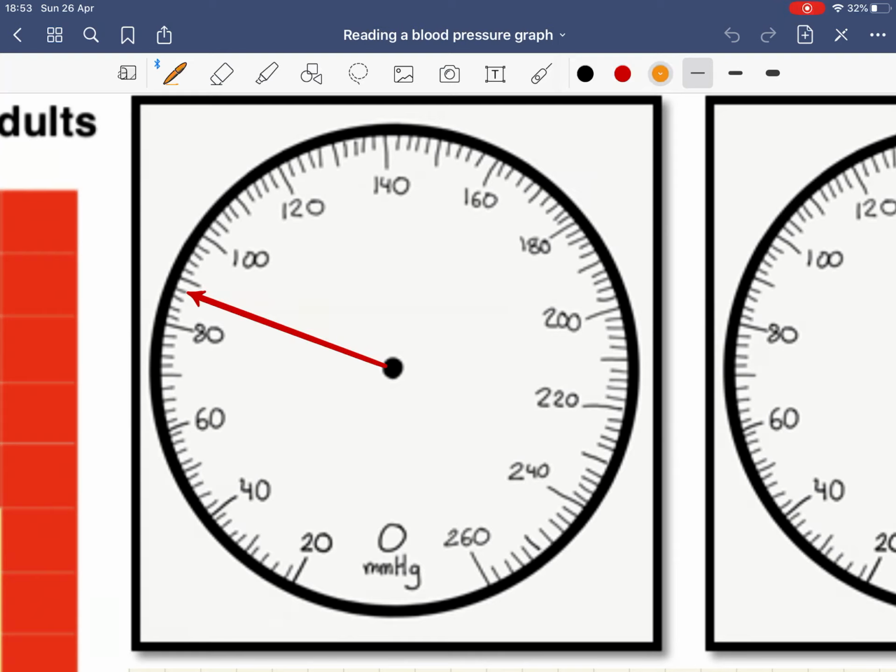Now, a really common mistake people make is that they just count up from the main number. So here we can see 80, and a lot of people go 81, 82, 83, 84. Okay, it's 84. But if we continue in that same manner, that would be 85, 86, 87, 88, 89, 100. It suddenly jumps up to 100, so it can't be going up in ones.